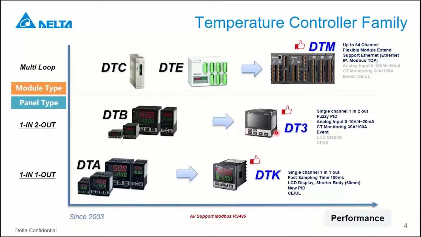And also we have the second generation product, the so-called DTM series. It has features like fuzzy PID, and also it has analog input, either 10 volt or 4 to 20 mA. And also it has the feature of CT monitoring. So what is the CT monitoring function? Back to the last slide, we have to give the output to the heaters, right?